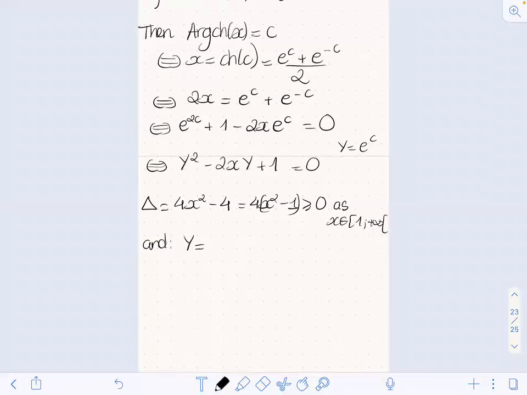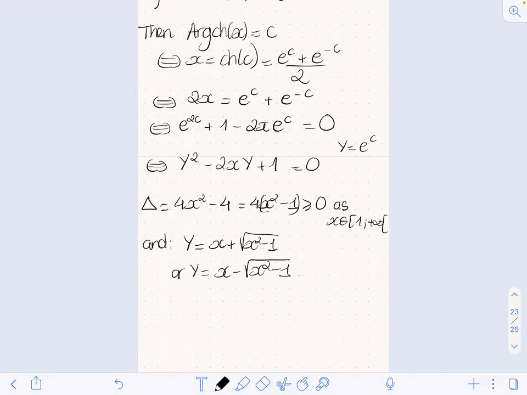So y is equal to either x plus the square root of x squared minus 1, or y is equal to x minus the square root of x squared minus 1. So it's one of these two, and we want the case where the exponential is positive. Sorry, the value on the right hand side is positive.